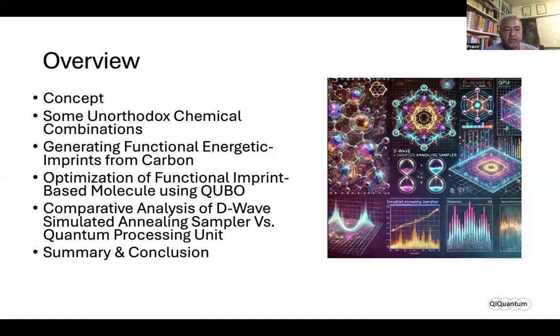Because if we have a target molecule that we want to create that had a number of energetic imprints, there's many different ways to combine these. And the idea is how can we optimize that design through creating a QUBO, which is then passed on to a quantum computer.